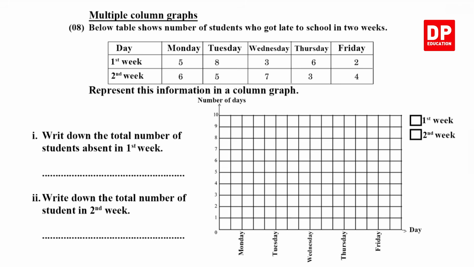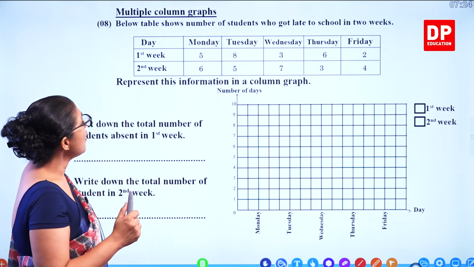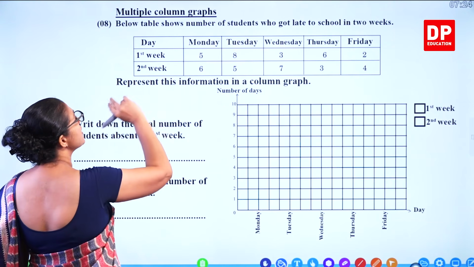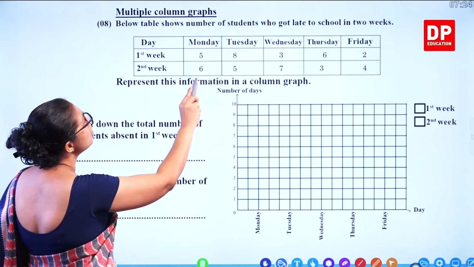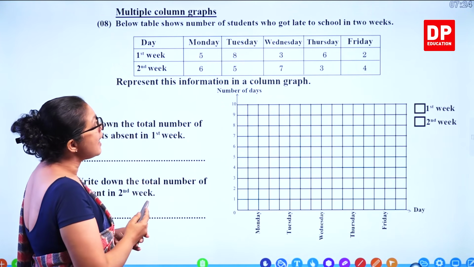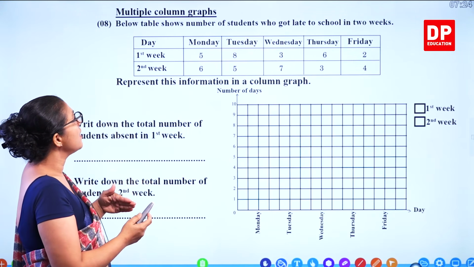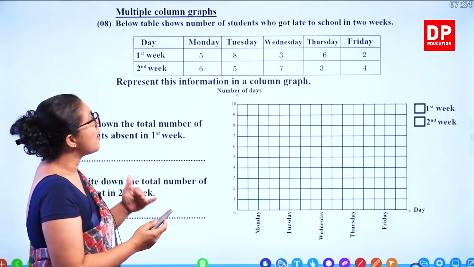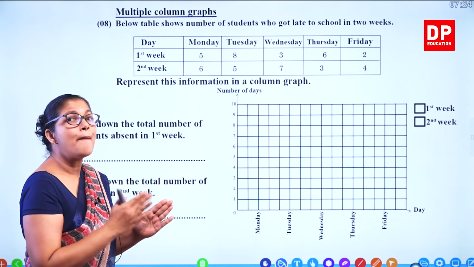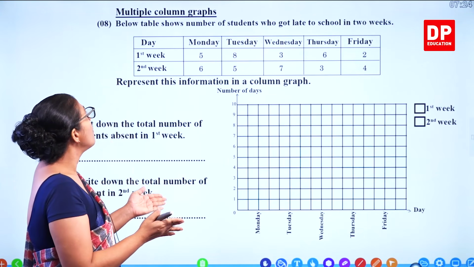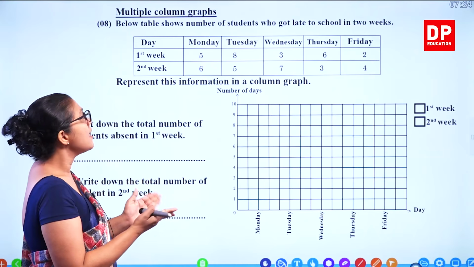Now we'll look at multiple column graphs. Here you get two categories. This is about the number of students who got late to school in 2 weeks, first week and second week. When we are drawing multiple column graphs, you can compare the first week and second week easily.